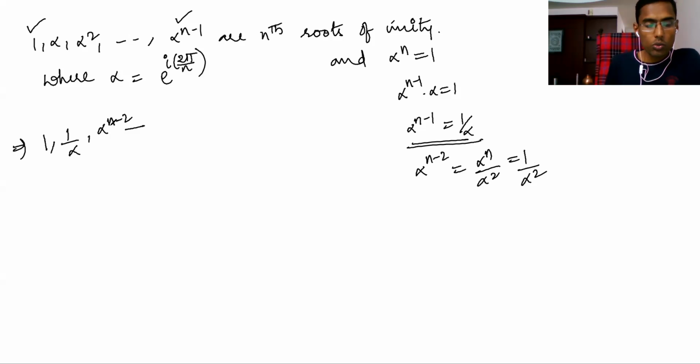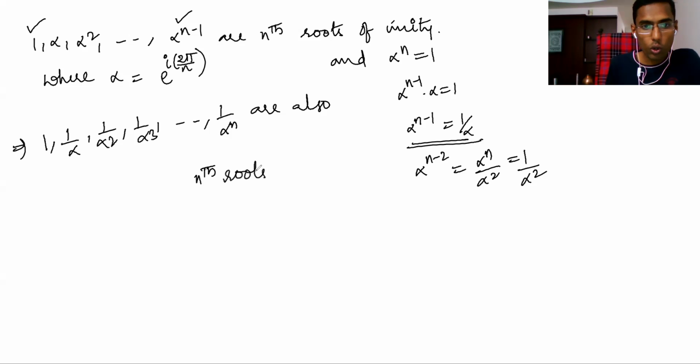Like that, 1 by alpha cube, so on up to 1 by alpha power n are also nth roots of unity. Please understand this point.